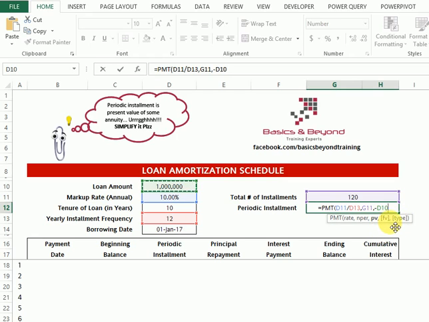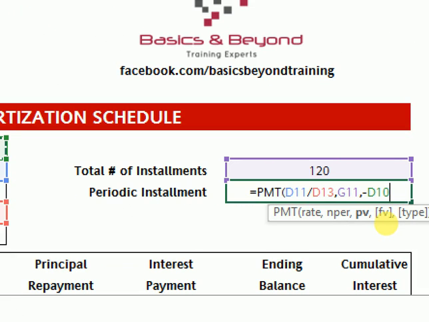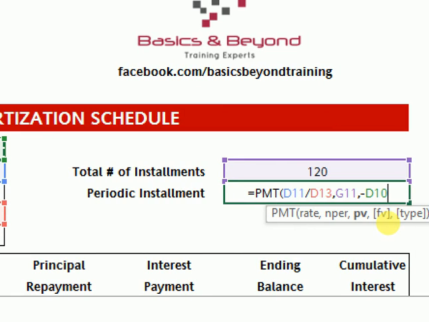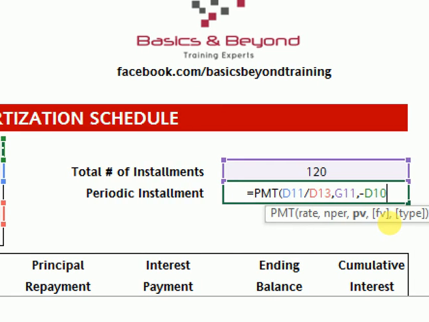The other two arguments are future value, which in our case will be 0. These square brackets show these arguments are optional. The last argument is type.